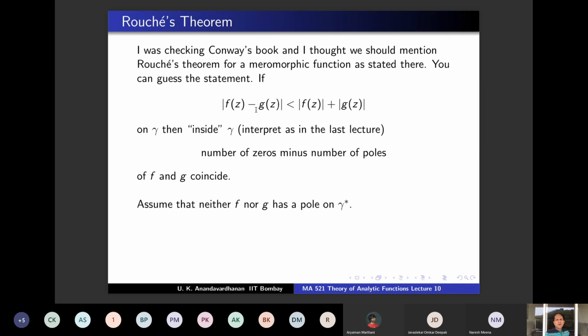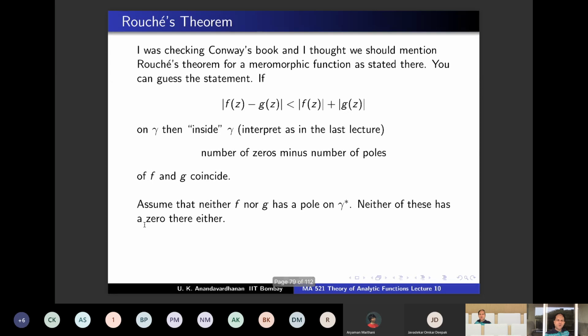But on a pole, you will get something like infinity strictly less than infinity, so I'm not sure whether it's allowed or not. Anyway, it doesn't matter. Assume it does not have a pole on gamma star. Assume, if you want, that it does not have a zero on gamma star either, or conclude it from this hypothesis. Either you conclude it or you assume it. That's not the main point.